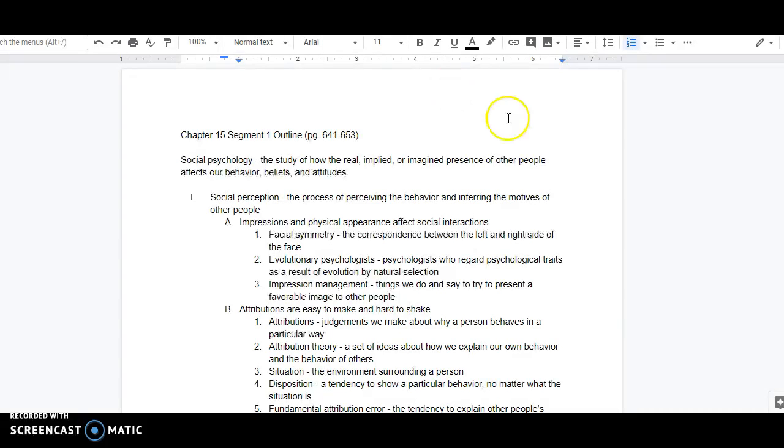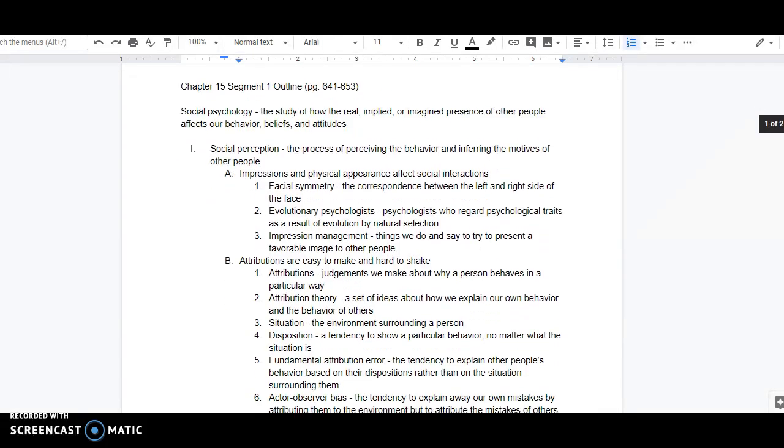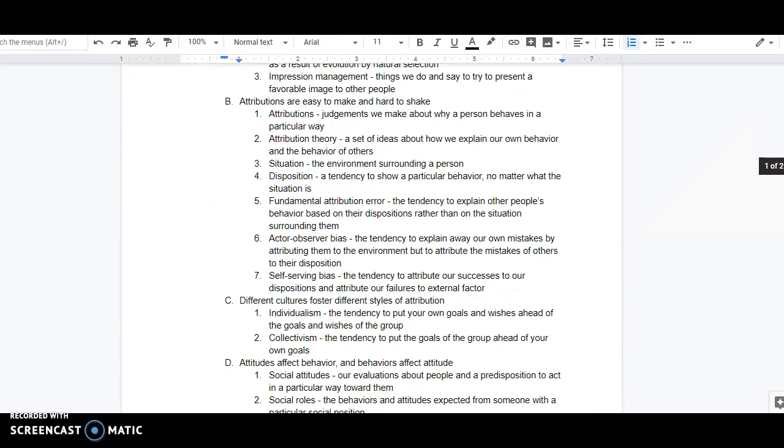Next, we go into attributions, which are easy to make and hard to shake. Attributions are judgments we make about why a person behaves in a particular way. According to attribution theory, which is a set of ideas about how we explain our own behavior and the behaviors of others, we may say that a person behaves in a particular way because of the situation or the environment that person was in.